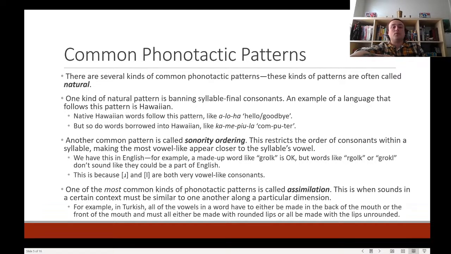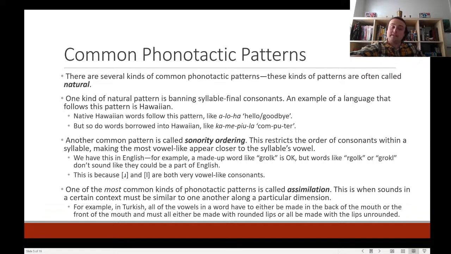But we have this in English, so hopefully you can get a kind of intuition just from some examples here. A made-up word like grolk maybe sounds a little weird, but it's okay in terms of English's phonotactic rules. But if you had a word like rgolk, where you have the R coming before the G in that syllable, that's going to be pretty bad. So is a word like grokla, where you have the L coming after the K. Both of those don't really sound like okay English words, and that's because R and L are very vowel-like consonants.